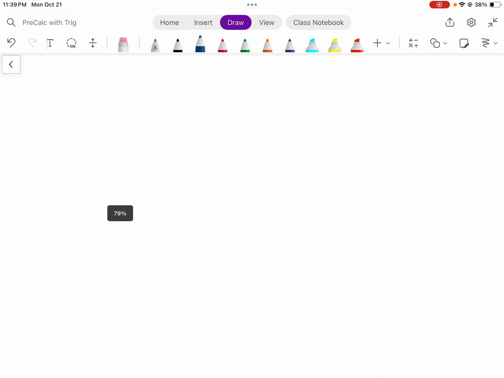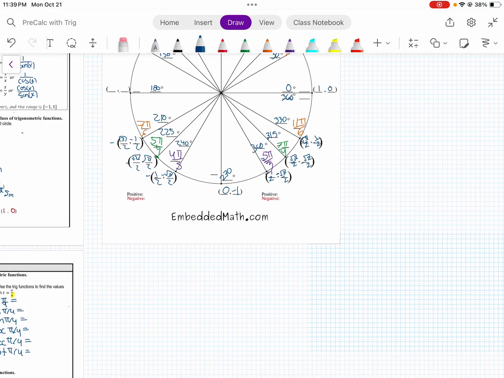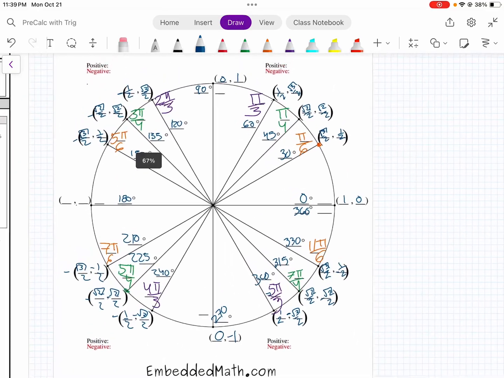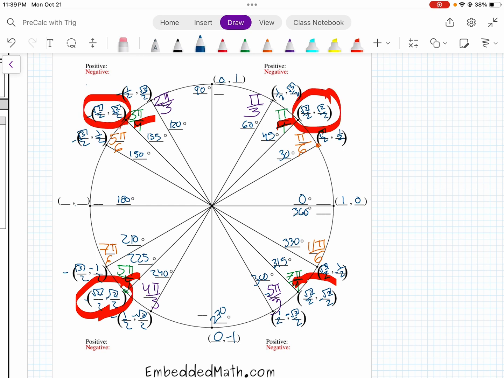And if you go to your unit circle, you're going to notice that all of the ones that say pi over 4, such as that one, that one, that one, the point is the same. And that is also true for the other ones. All the ones that are over 3 and over 6, the point is exactly the same.